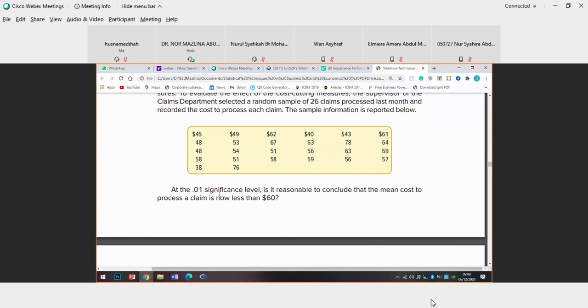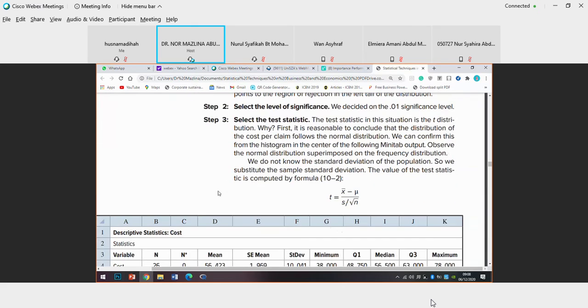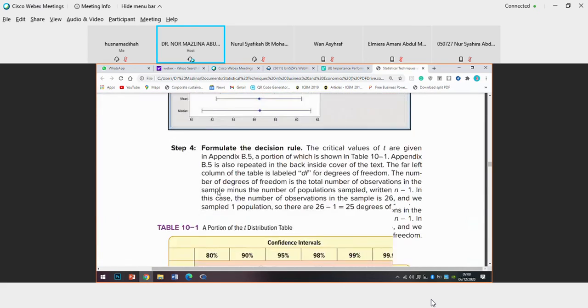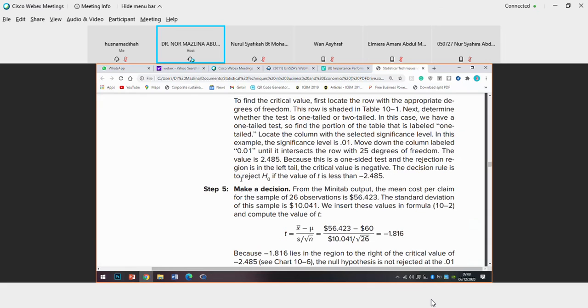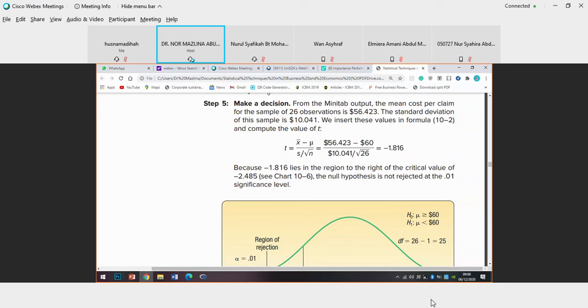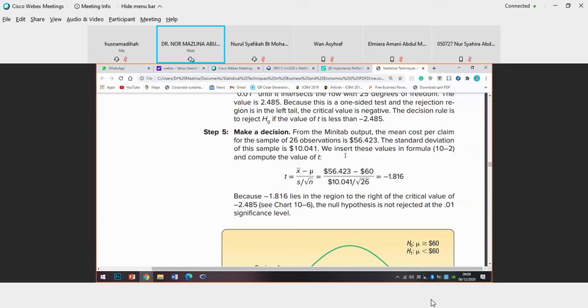Jumpa tak? Ini lama sangat. Okey, RM59, 42 sen, betul? And with standard deviation 10.04. Okay, so these are the values that you should get for X bar and standard deviation. Alright, very well done Anis.